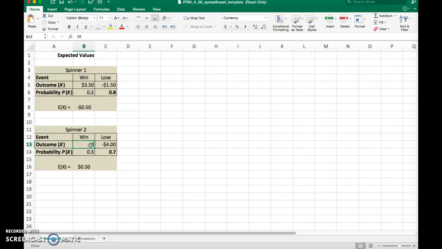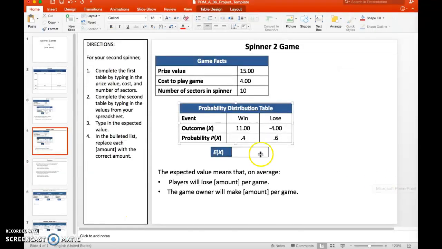Again, let's say this is 10, and this is negative 5. That's still 50 cents. Okay, so 10, 5, 3, and 7. Going back to this, just to make everything match: 10, 5, we said this was 30%, 70%, and I come up with negative 0.5 again.